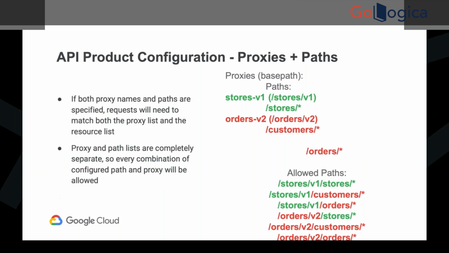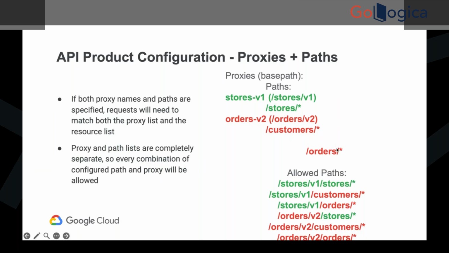Also, there is one thing to remember about how Apigee works when you define proxies and paths both. For example, you have given the proxy name stores v1, and there is a path inside this proxy, stores slash star. And in the orders proxy you have two paths, customer star and order star.